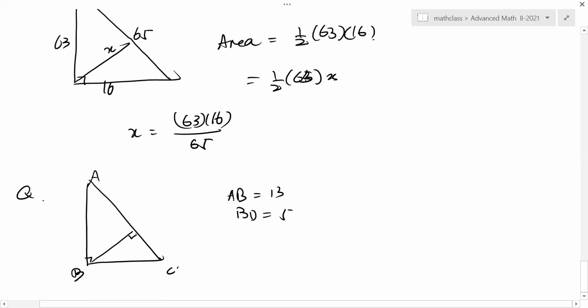I draw the line BD perpendicular to AC. I want to find BC. What is this X? This side is 5, this side is 13.